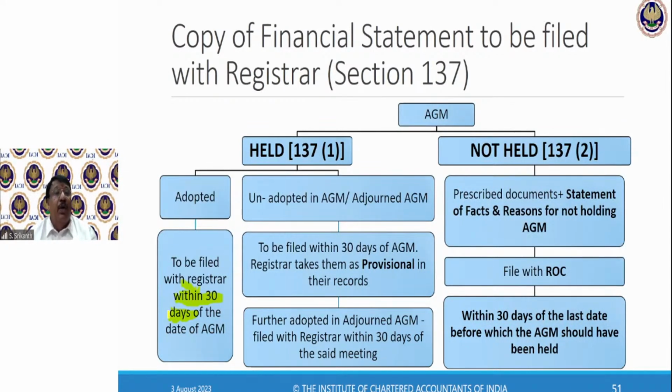Even then, we can somehow get it adopted. Unadopted, first time I'm hearing this type of thing. It can happen once in a while. Unadopted in the AGM or even an adjourned AGM. And see, in one case, I remember there was a listed company where I was the auditor.